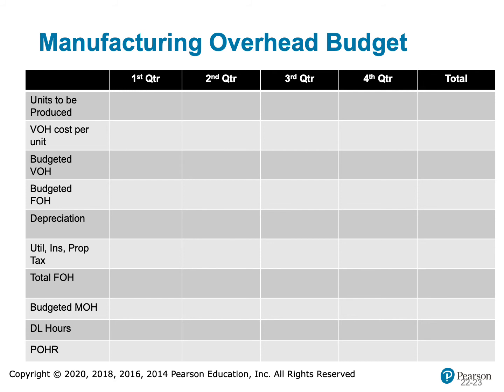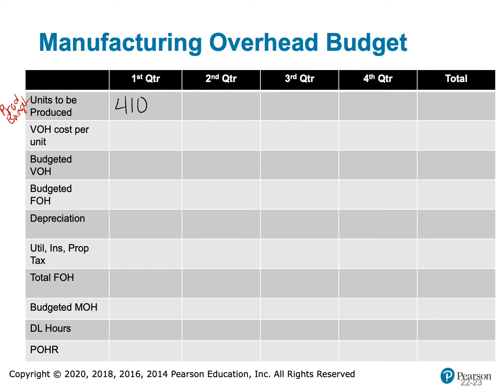Now, first of all, we're starting off with the number of tablets we need to produce, which comes straight off that production budget. So in quarter one, we expect to produce 410 tablets. I didn't write that very well. Let me erase and start over. We expect to produce 410 tablets.